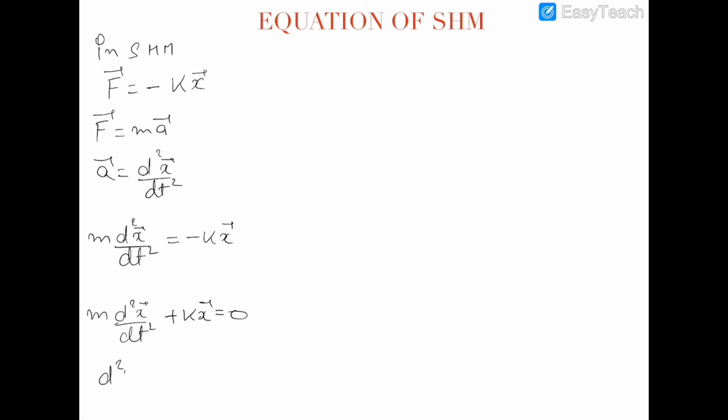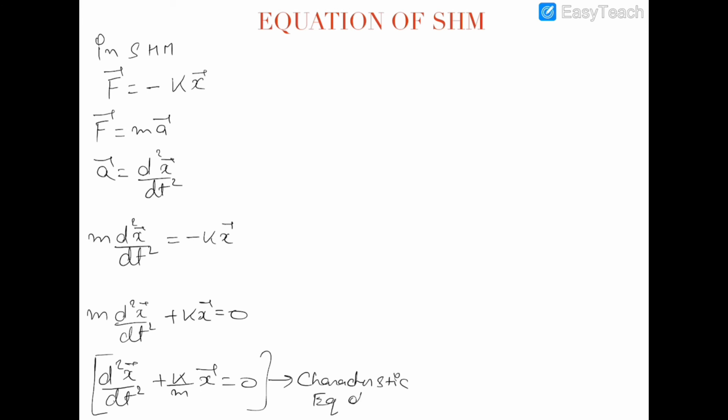So d square x by dt square plus k upon m into x is equal to 0, and this is the general equation of a SHM, or we can say it is the characteristic equation of a SHM. Now, this equation would not be useful in solving questions, so we solve this equation further.